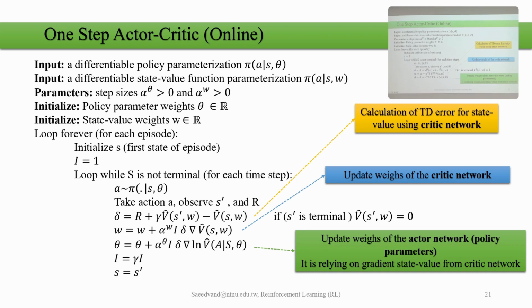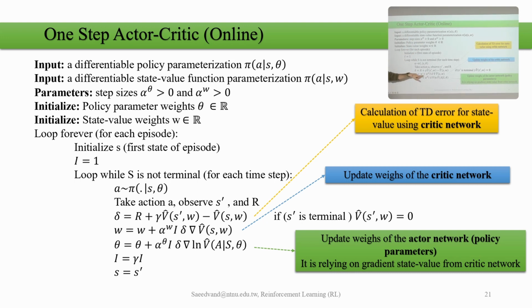What about the actor network? We can do the same thing. The update of the parameters theta is equal to the new theta, previous theta added by the learning rate of the actor network this time, times completely similar, but here we have the logarithm of the value because we discussed it in policy gradient.